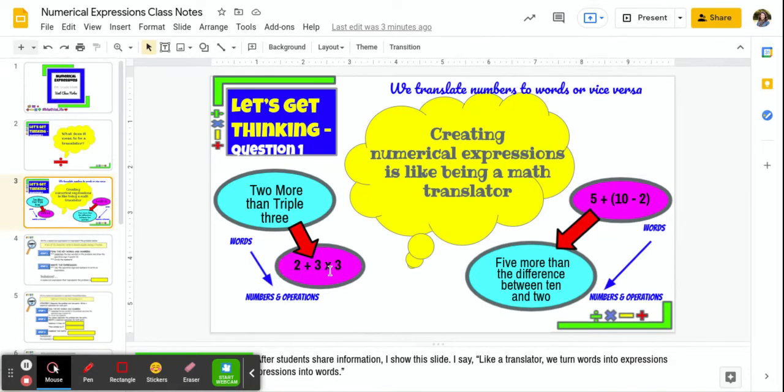Again, we've taken words and we've turned them into numbers and operations. We've translated. We can do the opposite. We could take numbers and operations and turn them into words. When we do that, again, we are being mathematical translators with our numerical expressions.